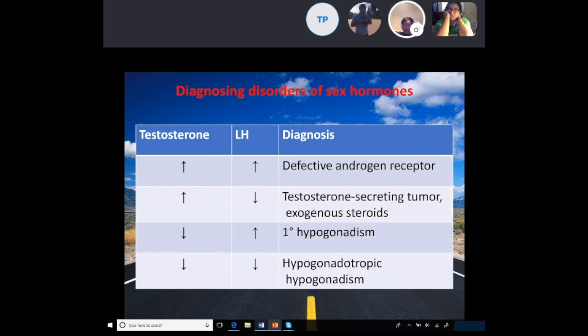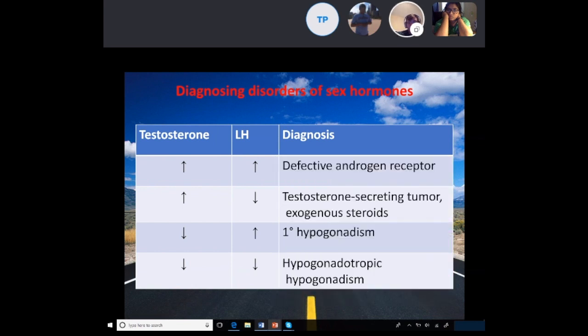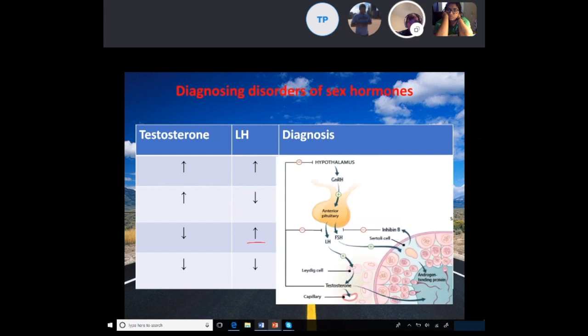Hypogonadism. So going back to this, hypogonadism could actually also be called hypergonadotropic hypogonadism. And this could also be called secondary hypogonadism. And I'm saying that because, going back here, primary, you've got high LH and low testosterone.